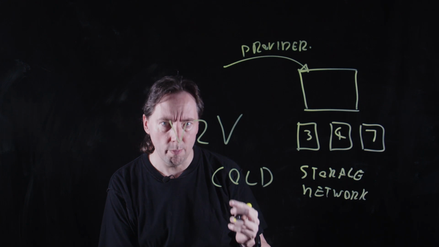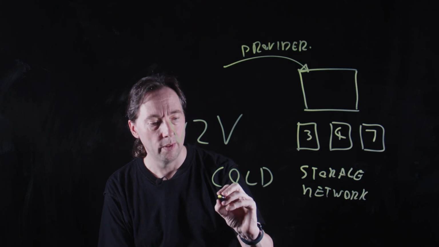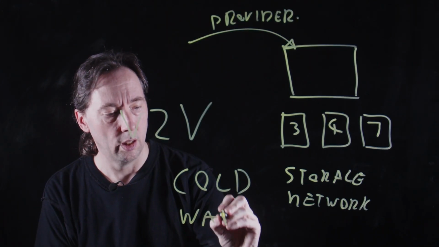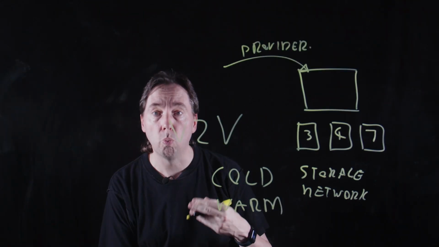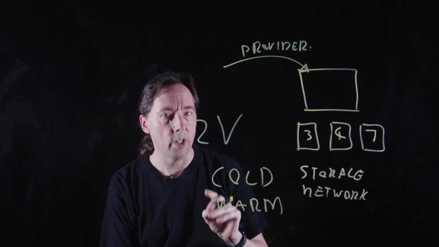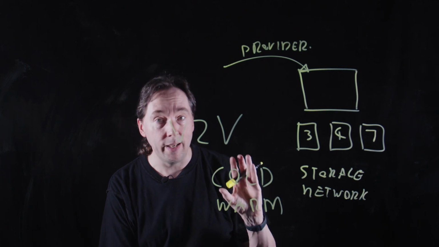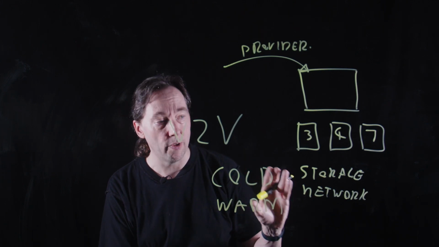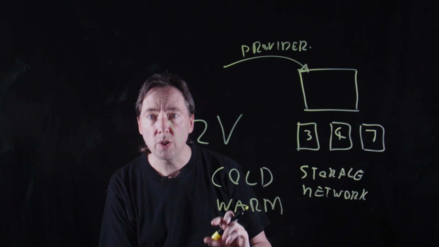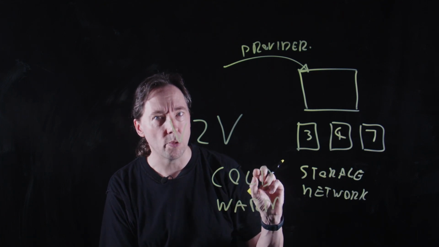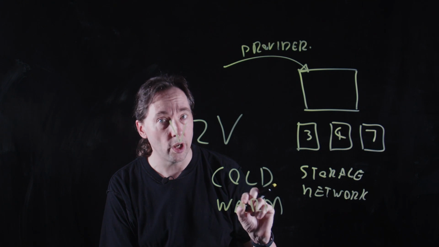However, we've got another mechanism as part of the MTV, which is called warm. And what warm does is uses a technology called change block tracking. It leaves the virtual machine running at the original system. It copies across all the components of that virtual machine that are static, that aren't changing.